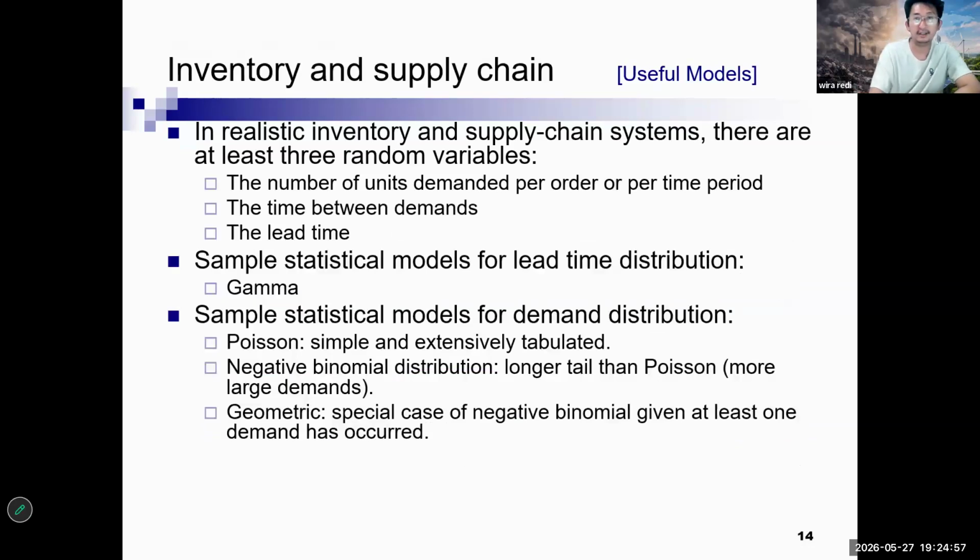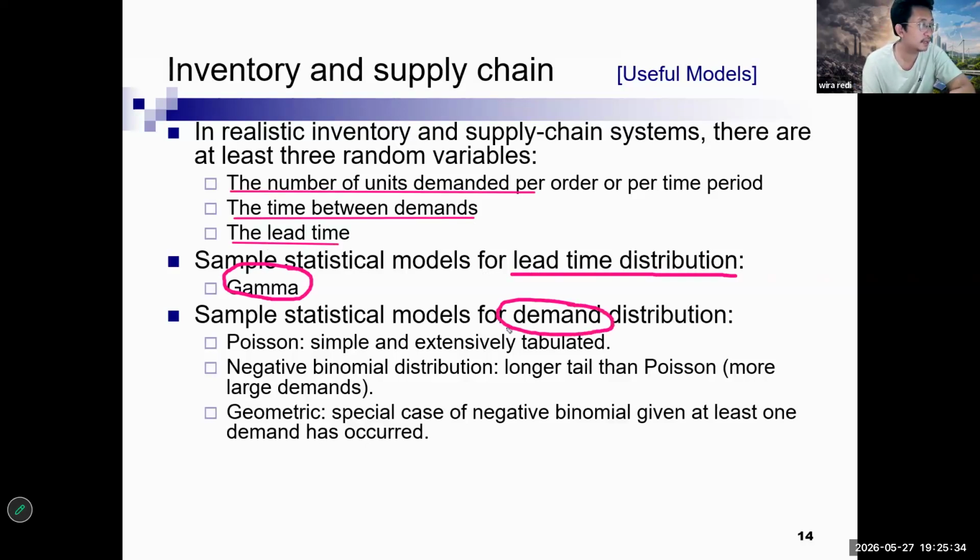Okay, in supply chain, where does the uncertainty come from? It comes from the number of units of demand per order, or the time between the demands, or the lead time. For lead time, normally the gamma distribution is often used because of its characteristics, and it is always continuous and positive.